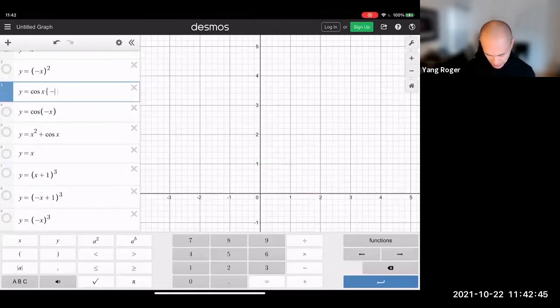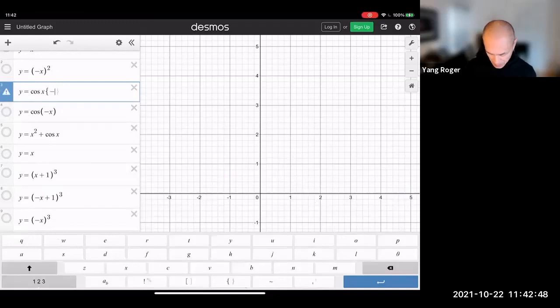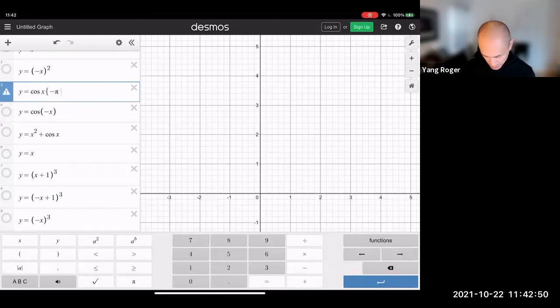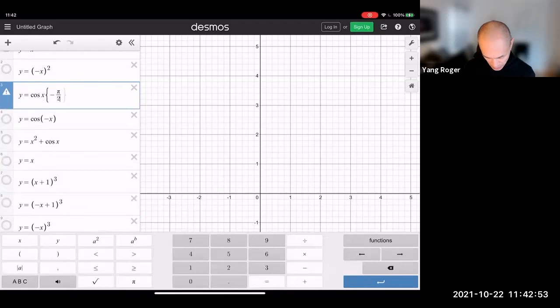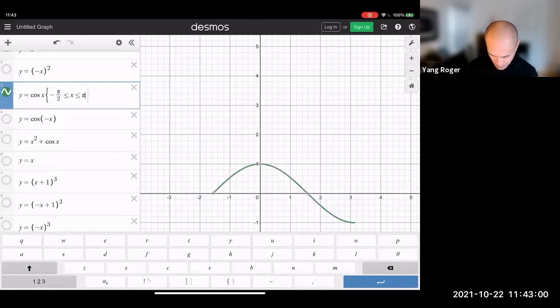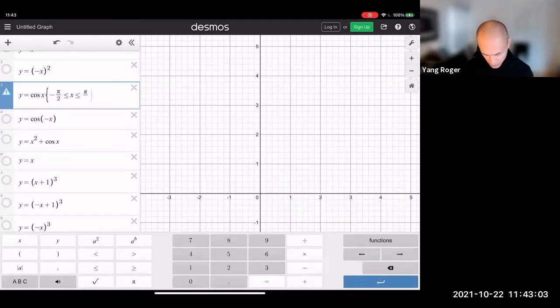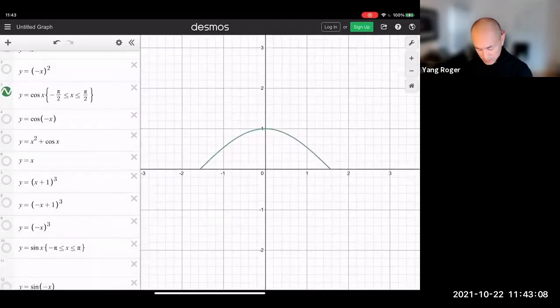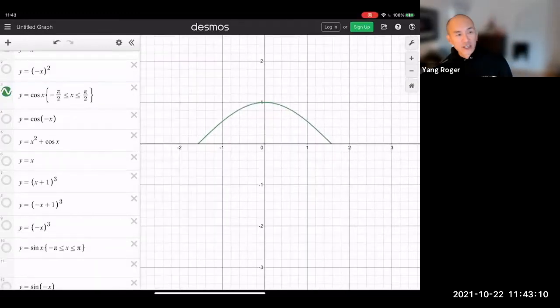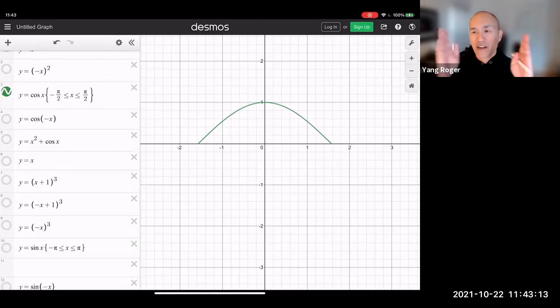Let's go from negative pi divided by 2 less than or equal to x less than or equal to pi divided by 2. We get this. If we want to find the area under this curve here, instead of going from negative pi over 2 to pi over 2, I can go from 0 to pi over 2 and double the result because the graph is symmetric about the y-axis.